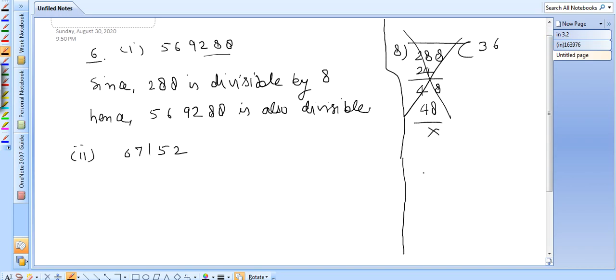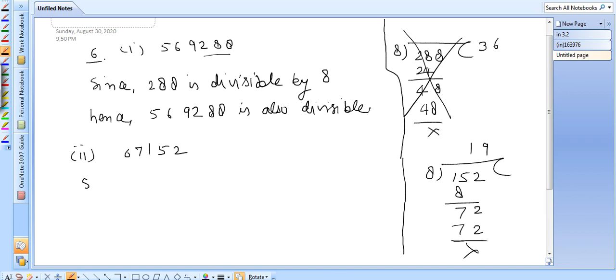Now this is our rough work. So हम 8 से 152 को डिवाइड करेंगे. Okay, you can see that it is 8 1 जा 8. Take the subtraction. Okay, the subtraction is 7. So 15 minus 8 is 7. Take 2, 8 9 जा 72. So 152 जो है वो 8 से completely divisible है. It means the number is also divisible.